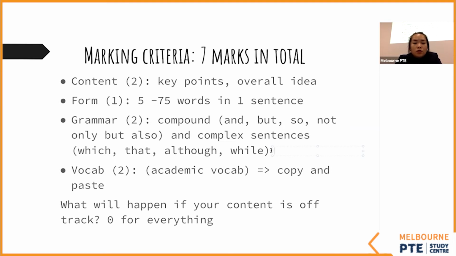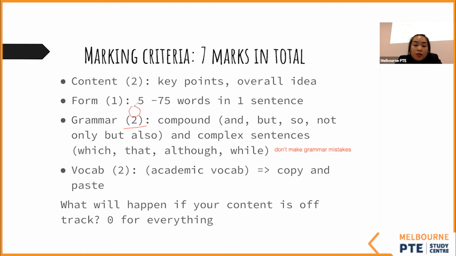Now, the next thing is why I want you to use something that makes you feel comfortable and confident. The reason is: don't make grammar mistakes. Because if you use something you are not good at, you definitely make mistakes. And you only get 2 marks for grammar. If you make 2 grammar mistakes, you end up with 0 for grammar.